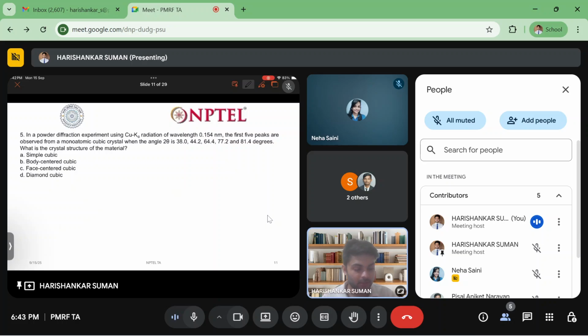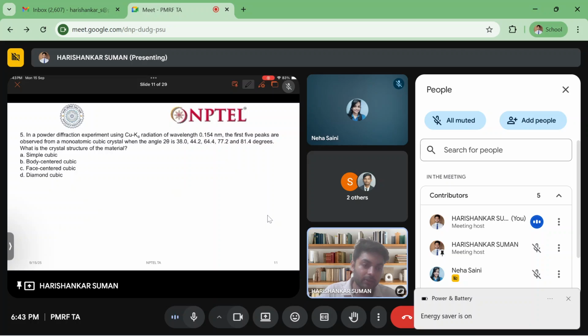The first 5 peaks are observed from the monochromatic crystal when the angles are 38.2, 64.4, 77.2, and 81.4 in degrees. What is the crystal structure of the material, having a cubic crystal?